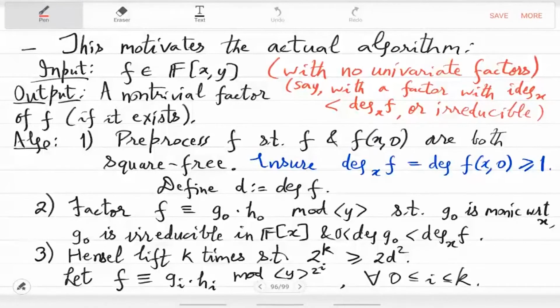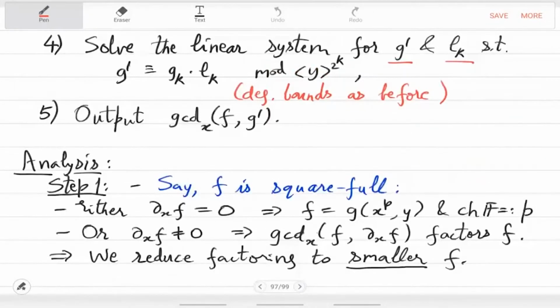So you will have gk, hk, and with gk you try to convert it into a factor g prime with the requisite degree bounds, and then take GCD of g prime with f, right?